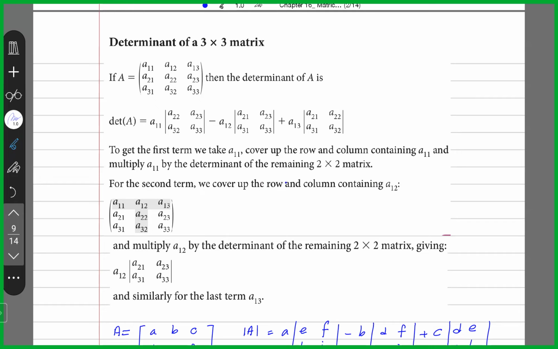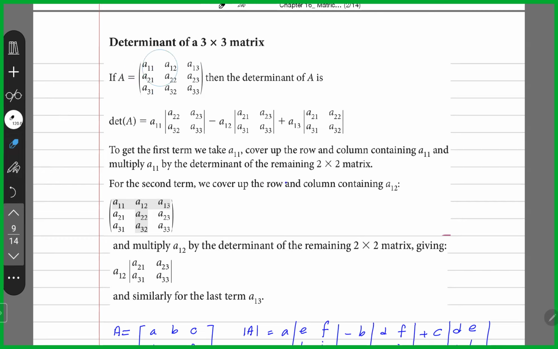The determinant of A would be the first element, in the first row, first column, multiplied by the determinant of the 4 elements which are not in the same row and the same column as A11. So that is the first part of it.